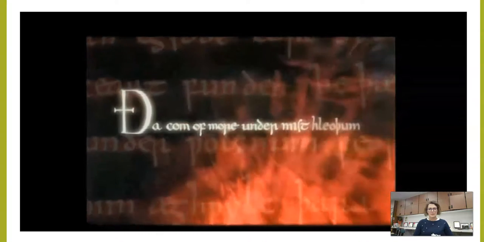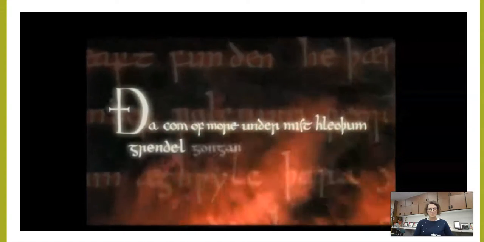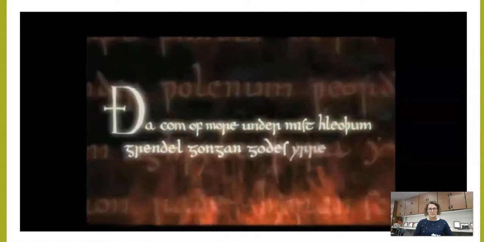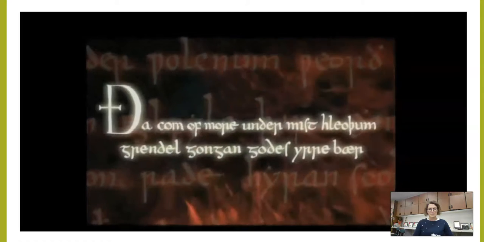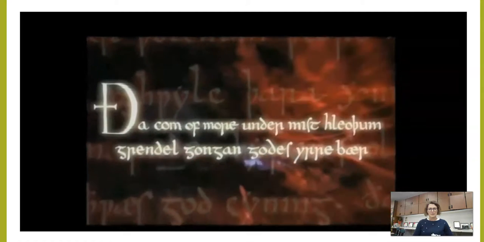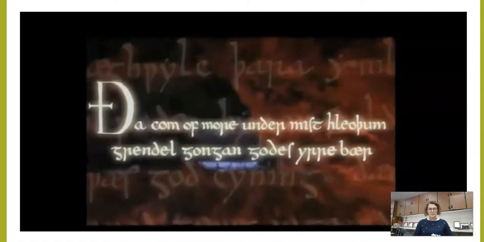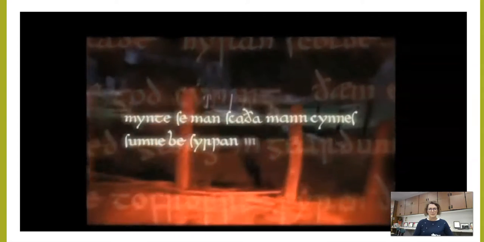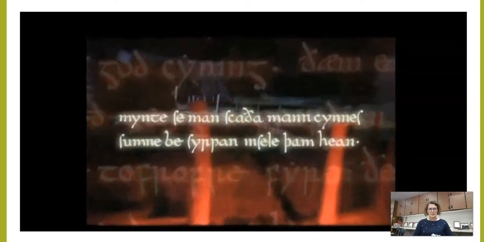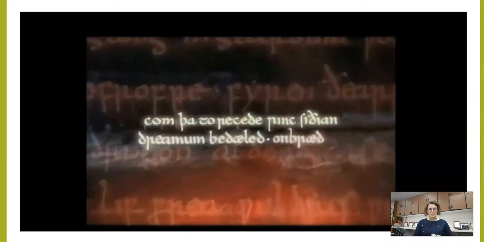Da com of more, under misthleoþum, Grendel gongan, Godes yrre bær. Off the moors, down through the mist bands, God-cursed Grendel came greedily loping. The bane of the race of men roamed forth, hunting for a prey in the high hall. Spurned and joyless, he journeyed on ahead and arrived at the bawn.